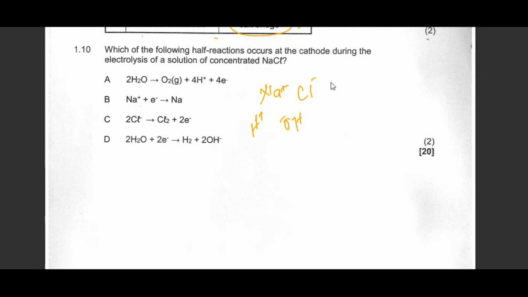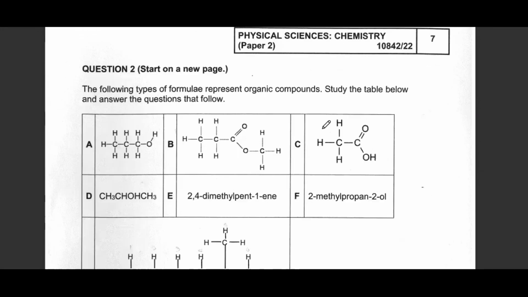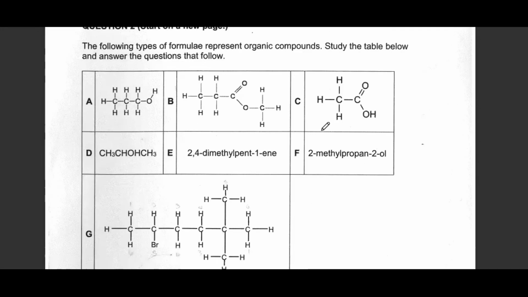So basically, what is being produced at this one is going to be preferred over this. So it means that this is going to be the most correct answer, which is D. Then this marks the beginning of the second question, which is organic chemistry.